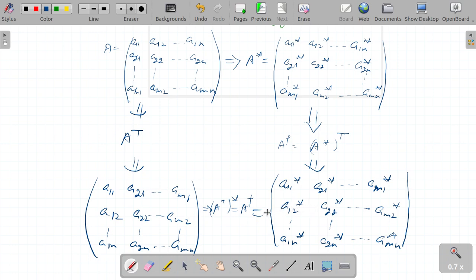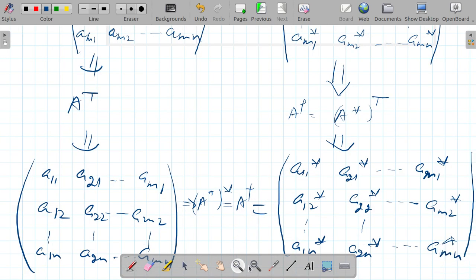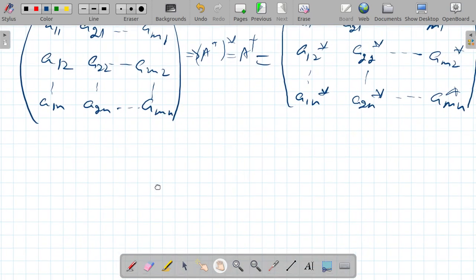So we can apply the two operations in either order, first one and then the second, and vice versa. What I am concluding is that A dagger is equal to A star transpose or A transpose star.